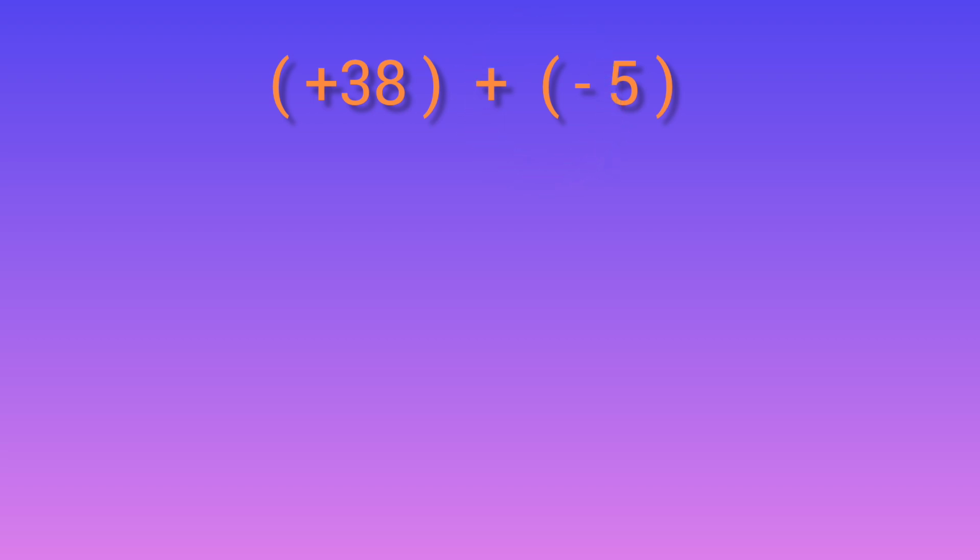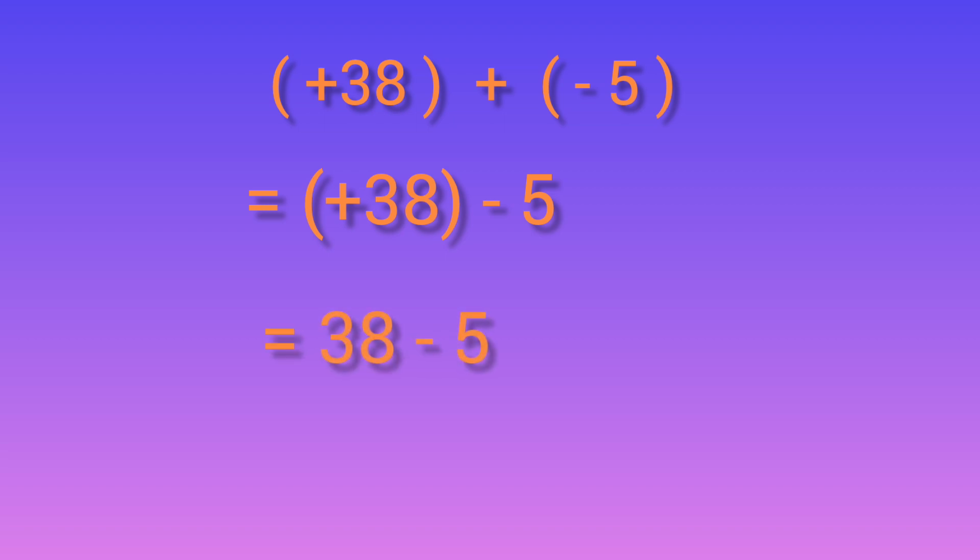So if we could rewrite our second example, it would be a positive 38 minus a 5, which is the same as saying a 38 minus 5, which gives us a 33.